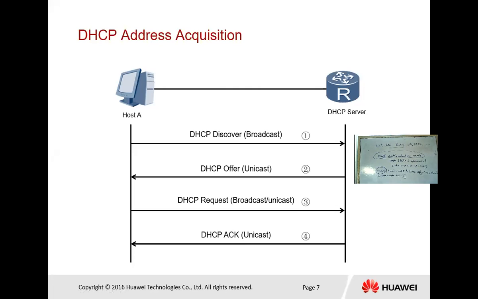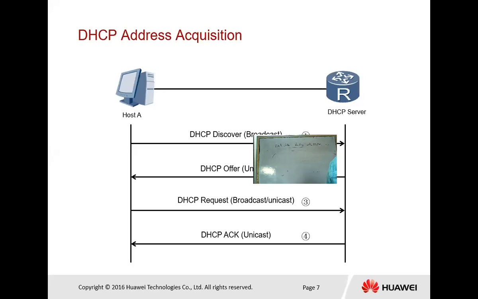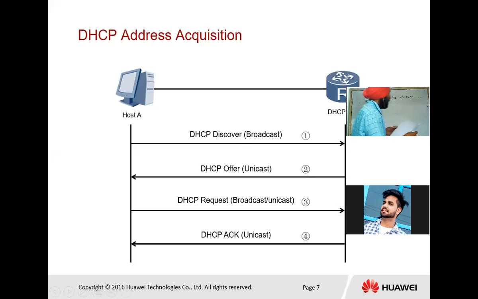For the first message, if we are talking about the DHCP discover, the first request, the source IP is 0.0.0.0 and the destination IP is 255.255.255.255.